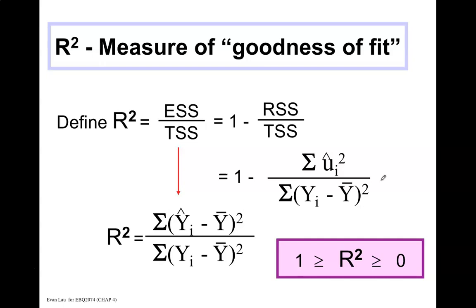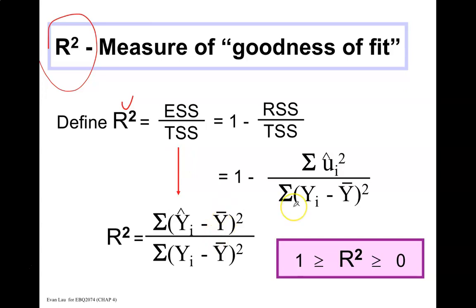So here is the measurement of fitness for the model, using R squared. Because it's a squared value, it will be positive, from 0 to 1. There will be no negative value of R squared. If you get a negative R squared, there might be something really wrong.